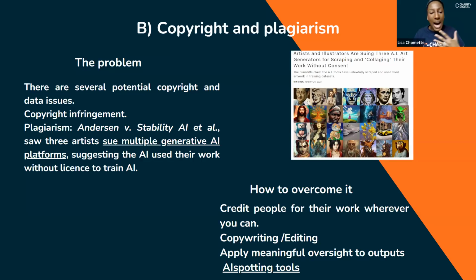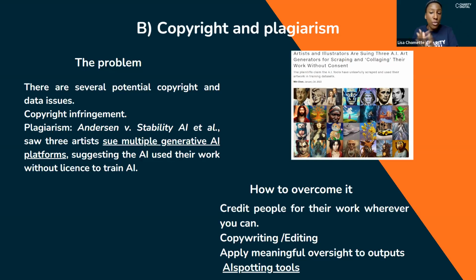There are other high-profile cases which involve written content. So it's all very interesting, and obviously we're waiting to hear the conclusion of these cases. But in the meantime, waiting on court decisions, wherever you can, individuals should aim to credit people for their work, even if it does not break any laws, and ultimately AI is not found guilty.